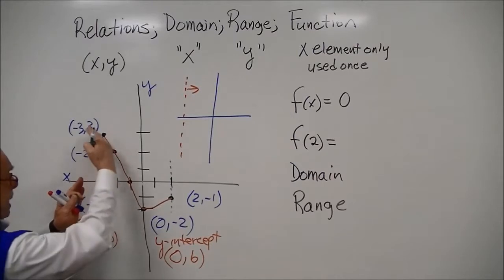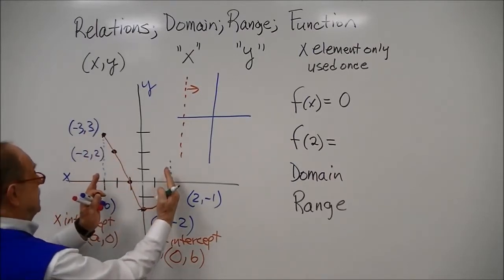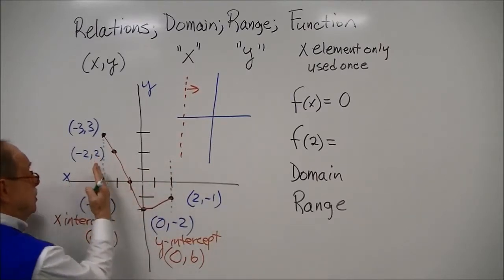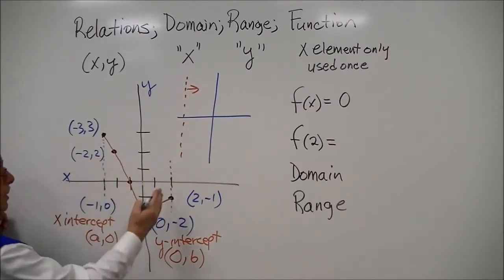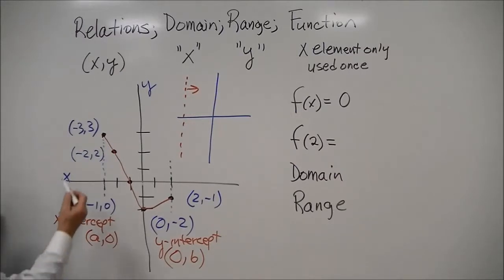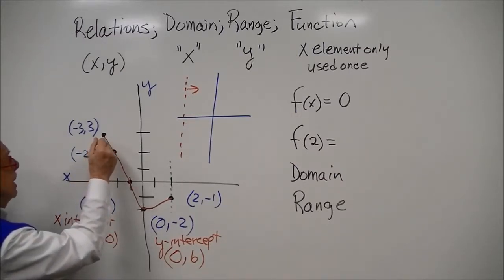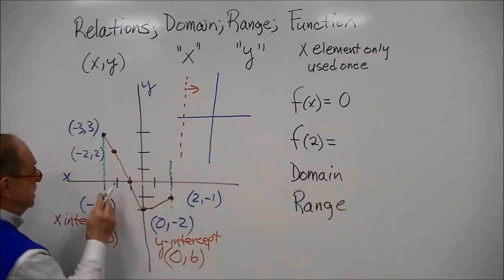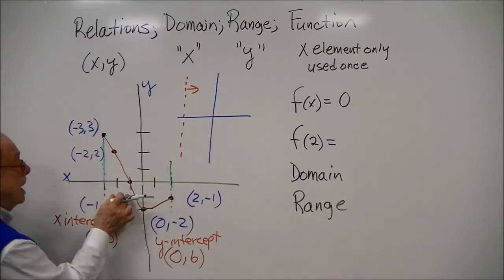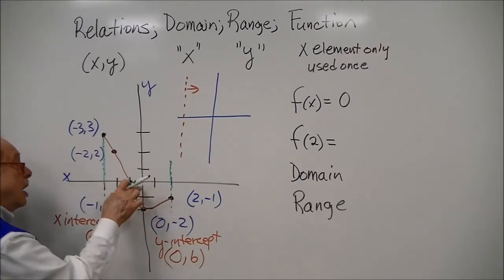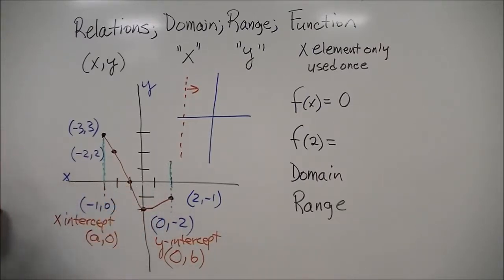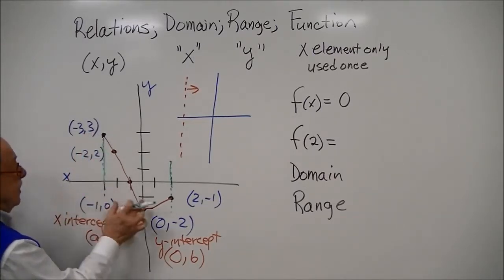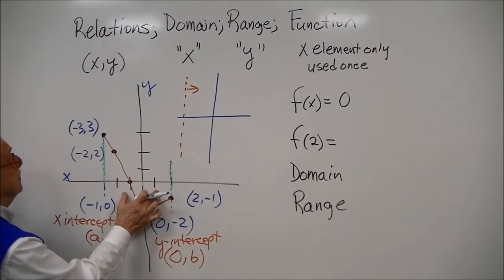So the domain of this graph will be what's illustrated by the green line on either end. Now, I should probably make this a solid line, because these points on my x-axis are included in the domain. So where do the x values of this graph start?